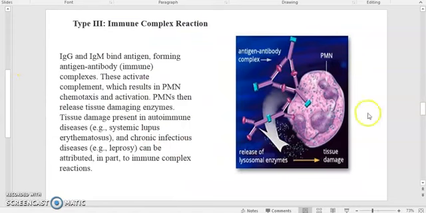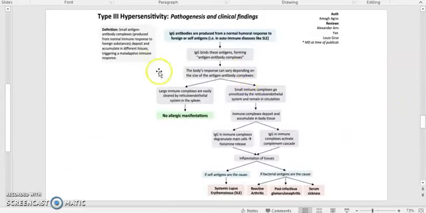In type 3 hypersensitivity reaction, the type of antigen involved is mostly soluble antigen, and the type of immunoglobulin involved is mostly immunoglobulin G. So what is the definition of type 3? The antigen antibody complex is also called an immunocomplex.